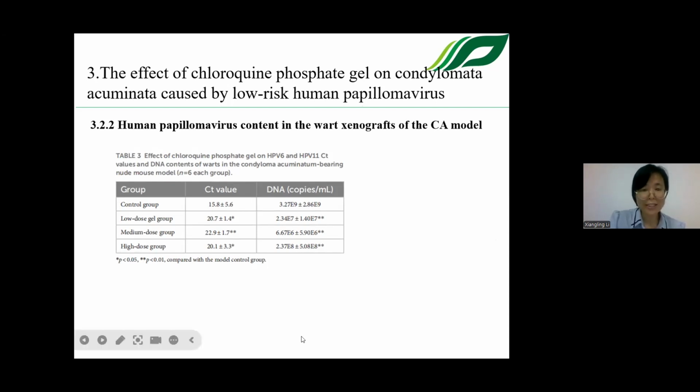As shown in this table here, we see that after giving the gel, no matter whether low, medium, or high doses, the DNA copies of HPV6 and HPV11 were all reduced after giving the chloroquine gel for 14 days, especially the medium dose. It reduced significantly.